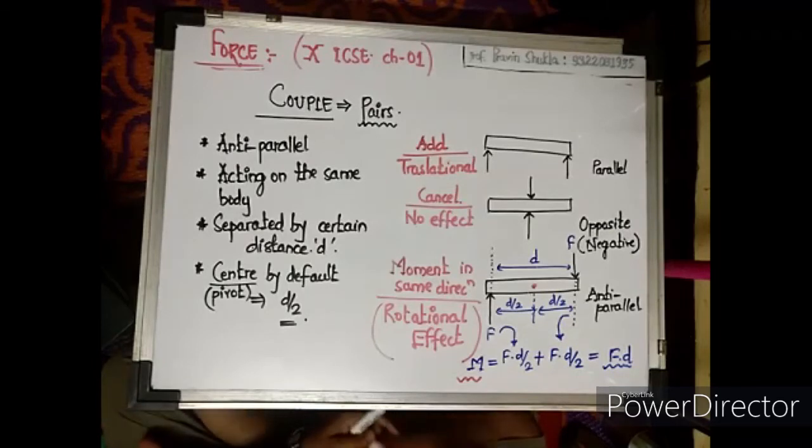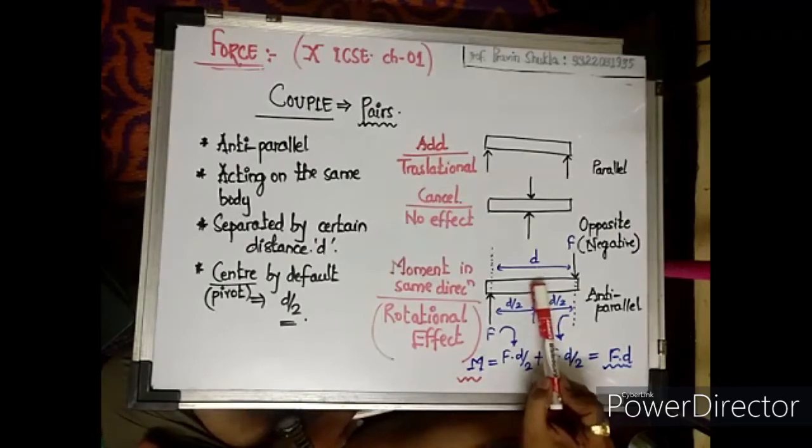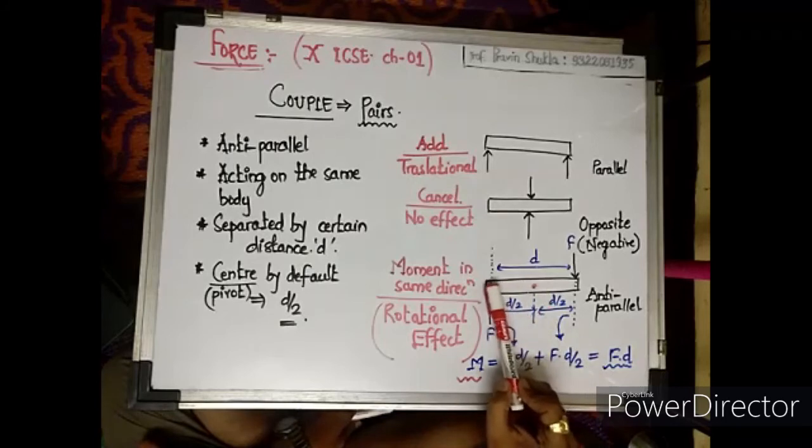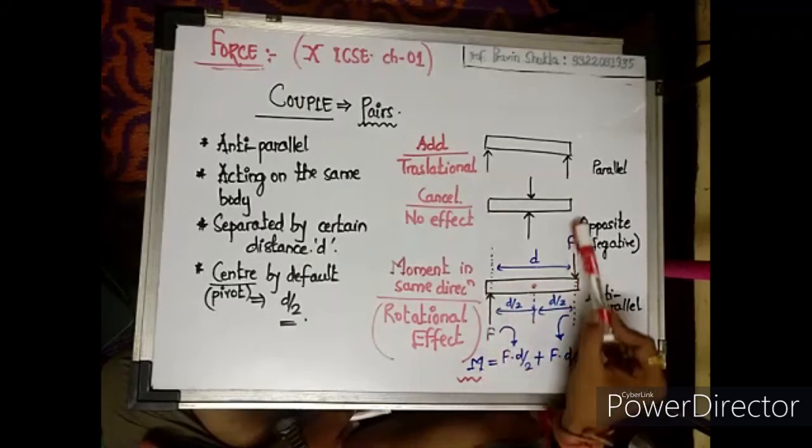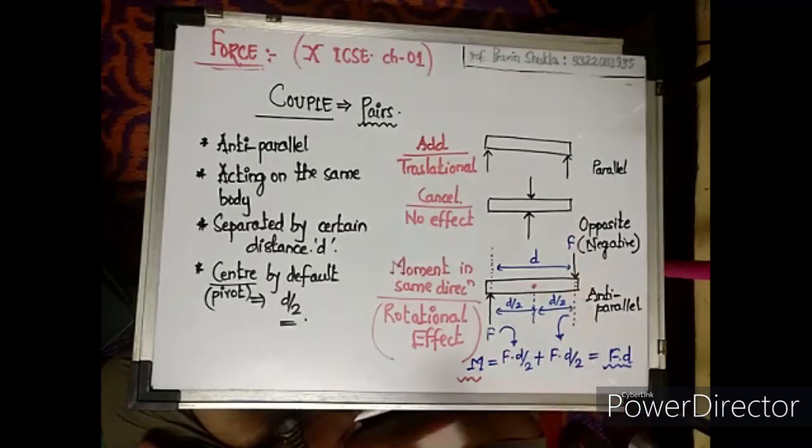Suppose instead of putting the pivot over here, I put the pivot over here and do not apply this force. Simply apply a 5 Newton force over here. Again, I will get a moment of 5 Newton meter. Getting my point?